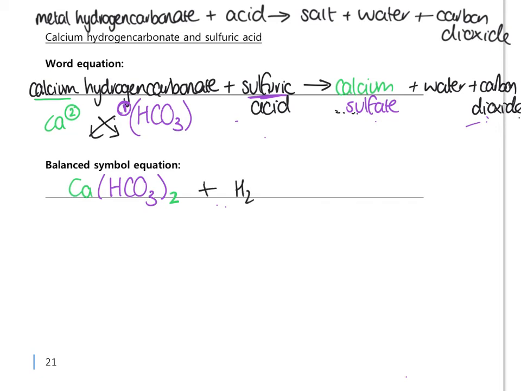Sulfuric acid is H2SO4. Calcium sulfate, again split it up. Calcium is Ca with a valency of 2. Sulfate is SO4, also with a valency of 2. Those valencies are going to cancel down to 1 to 1.